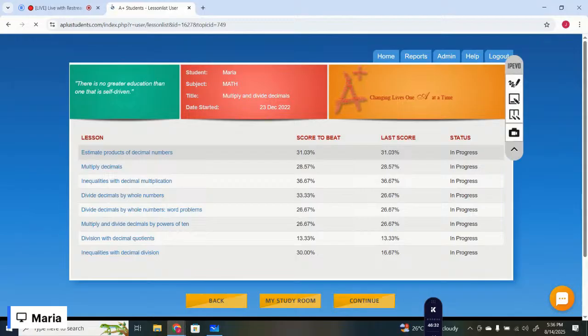So, we were working on grade 6 math. The chapter we were working on is multiply and divide decimals.